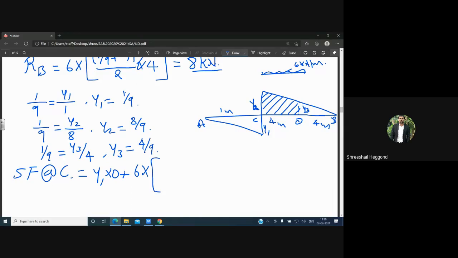The ordinates are known to us, that is 8 by 9 and 4 by 9. 8 divided by 9 plus 4 divided by 9, divided by 2, into perpendicular distance 4 meters. Therefore, the shear force at C can be given as 16.